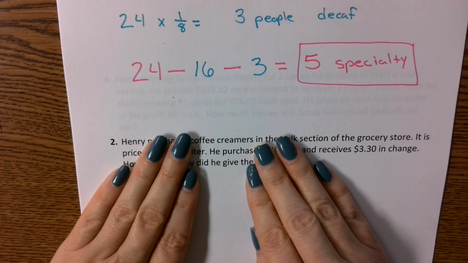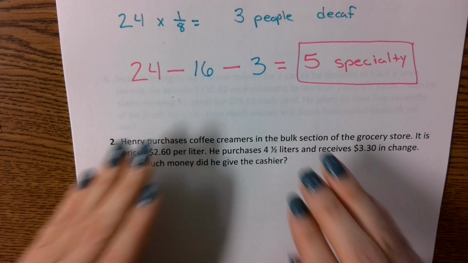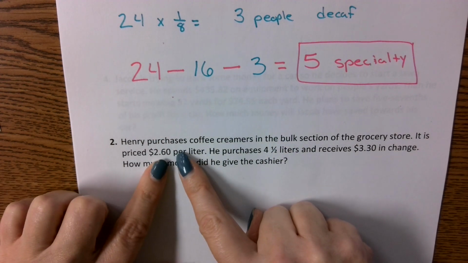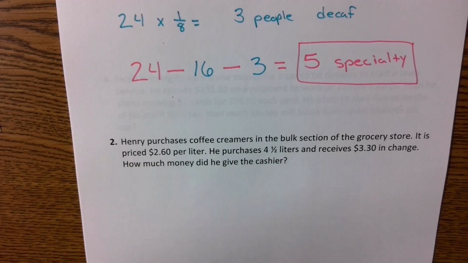A cookie. A cookie costs $2. You're going to buy 5 cookies. How much money are you going to spend? What did you do? What operation was that? Multiplication, yeah. So when we know how much something costs per item and we know how many items, we're just multiplying there.